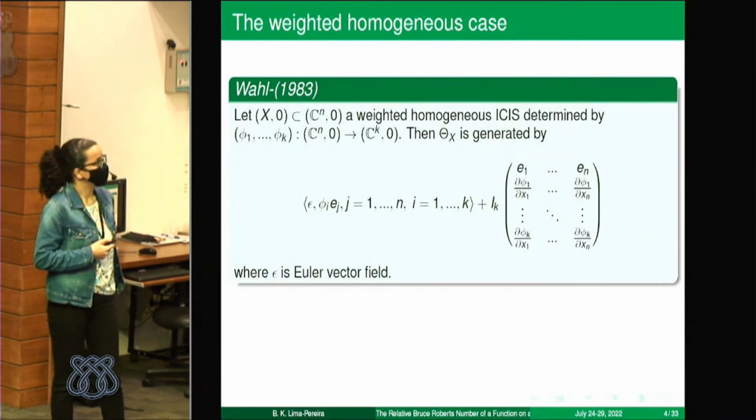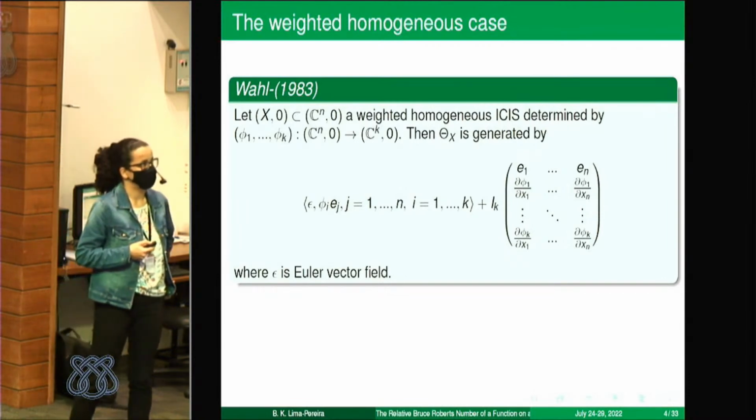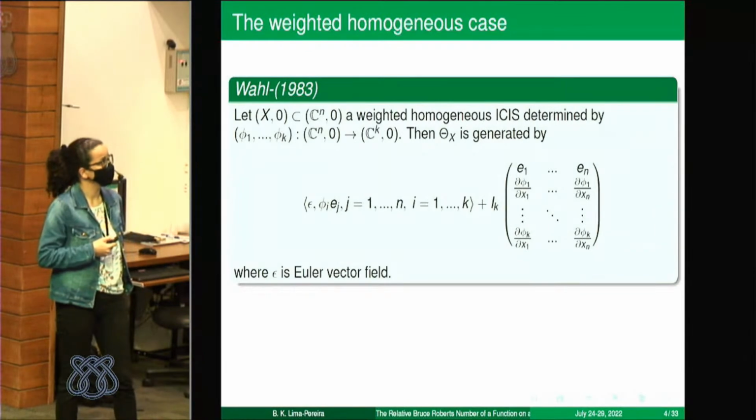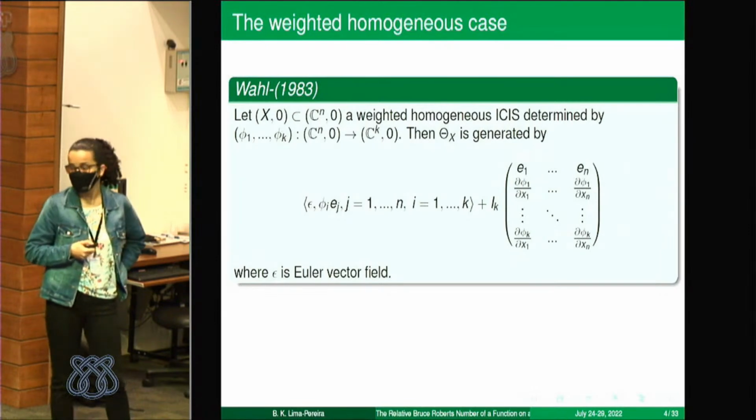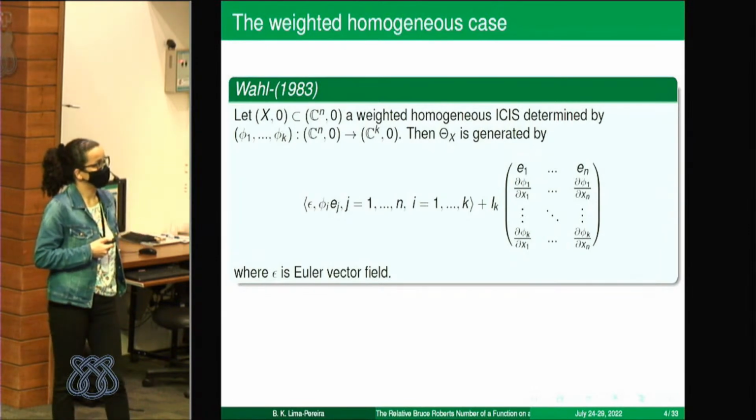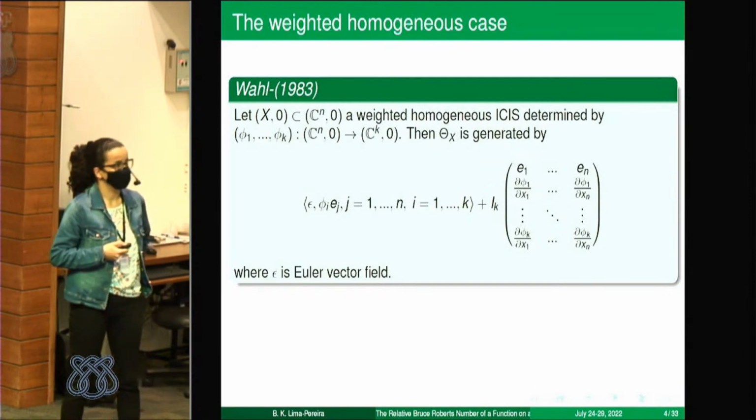Wall proves this result. When X is a weighted homogeneous ICIS determined by this map germ, he proves that theta X in this case is generated by these vector fields: the Euler vector field, these vector fields with j from 1 to n and i from 1 to k, and the minors of maximum order of this matrix.